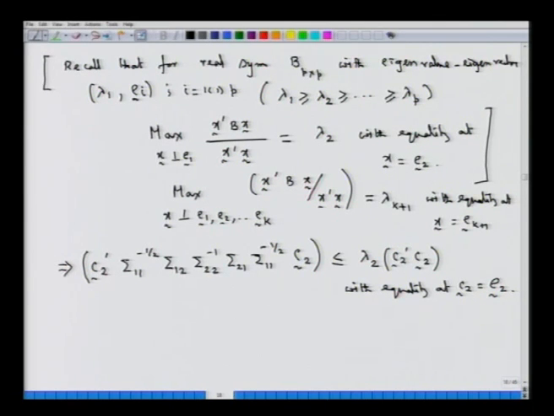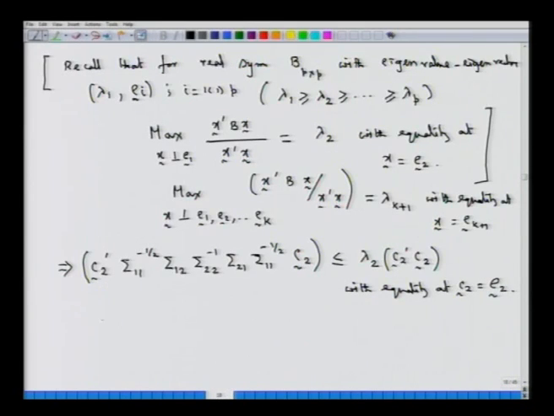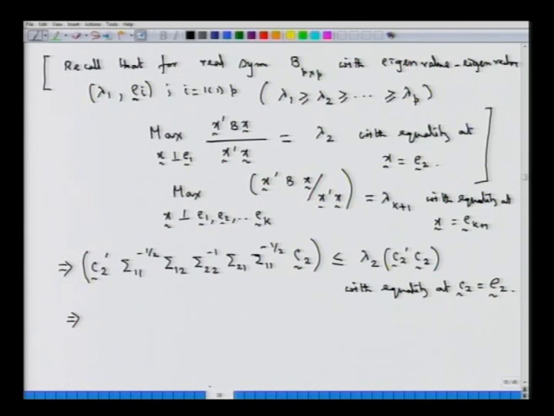Now, if we have this particular expression, then we can go back to the earlier expression and say that this is going to be less than or equal to that particular term. So, we can say what the upper bound of this expression is straight away.